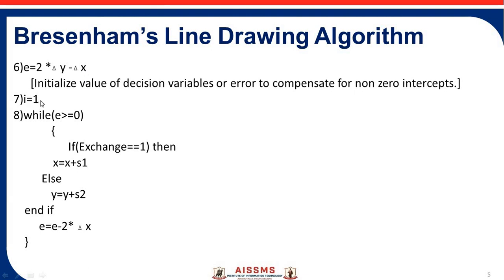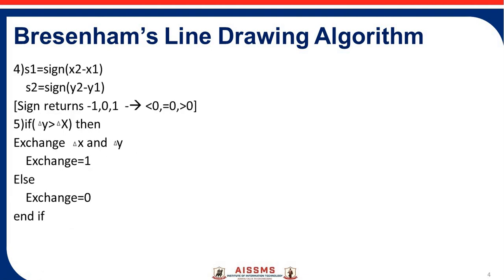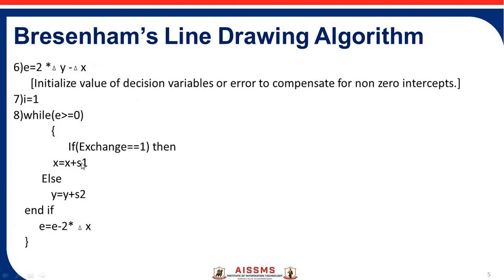Iteration starts with 1. If the E value, error or decision variable, is greater than or equal to 0, that means positive or 0, and if the exchange flag value is equal to 1, then increase the value of x with S1. S1 we have calculated here in step number 4.